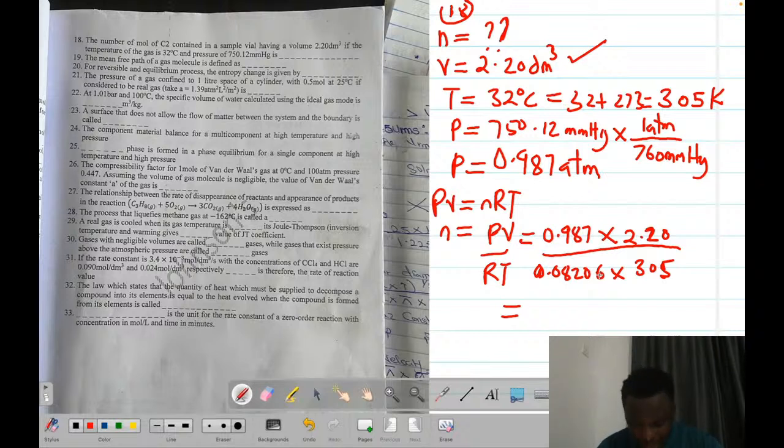Okay, let me send this part of the question to the group chat. Favor said, why are you vexing? What's the issue, please? Let me send this question on the group chat.